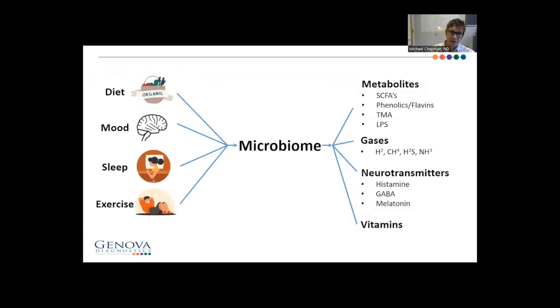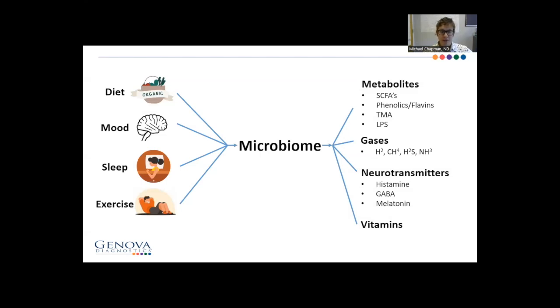This is the way that I tend to think of it. We have these inputs like diet, your mood, your sleep, your exercise, all these lifestyle things, right? Depending on those lifestyle things, those are going to create a microbiome pattern within reason, or they're going to shift the microbiome depending on what you change in those areas. That shift then changes what the microbiome does.